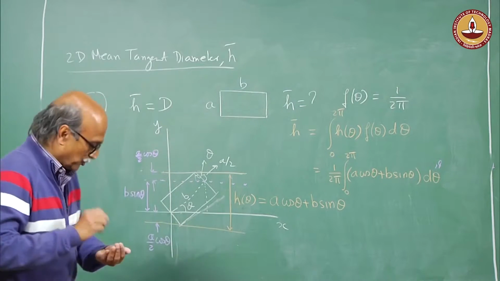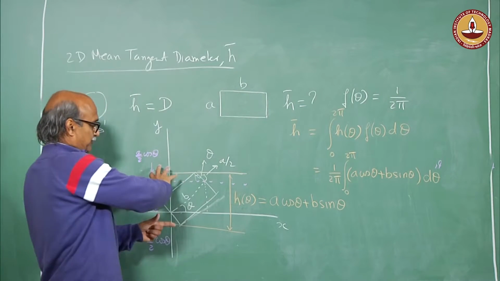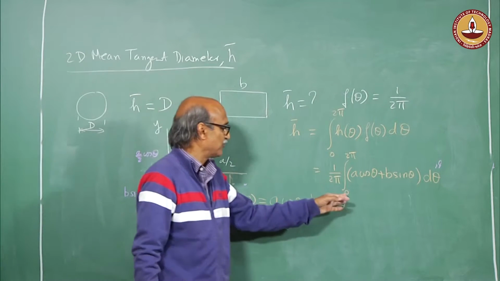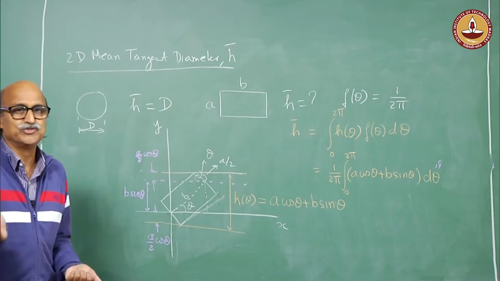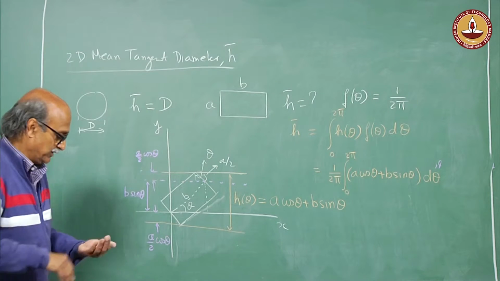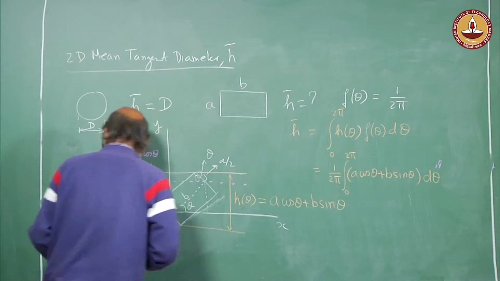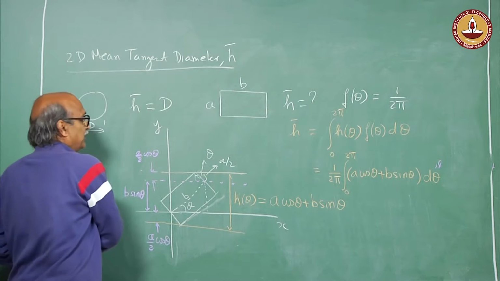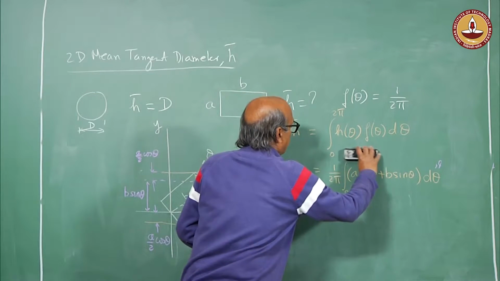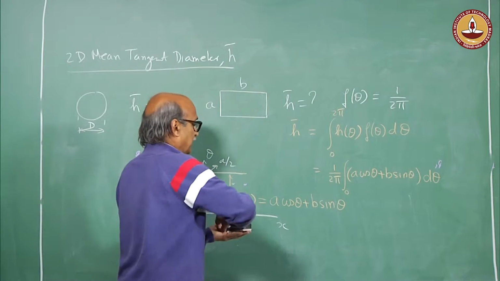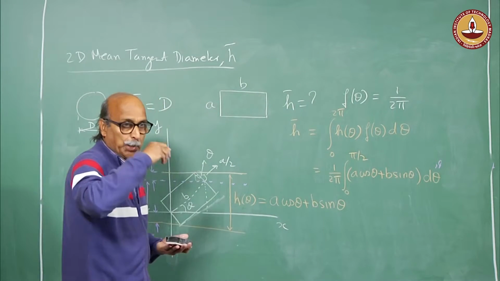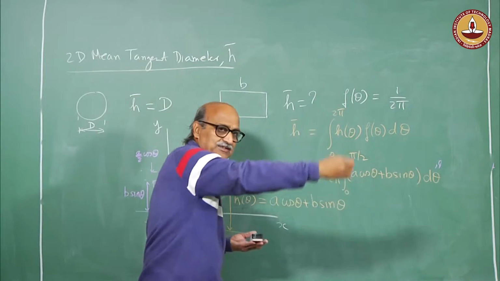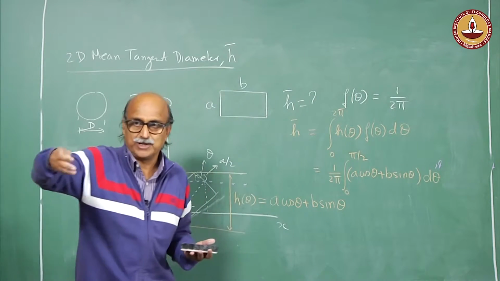Now, also look at the symmetry of the problem. I really do not need to integrate all the way from 0 to 2 pi. I just need to integrate from 0 to pi by 2. If I do that, then instead of 2 pi here, I put here pi by 2, and then there is an integral from pi by 2 to pi, and then pi to 3 pi by 2.